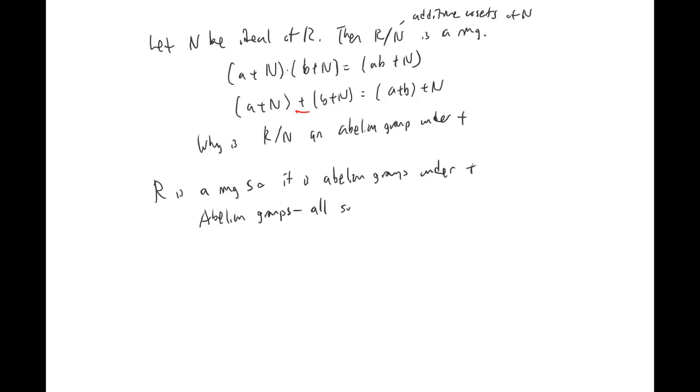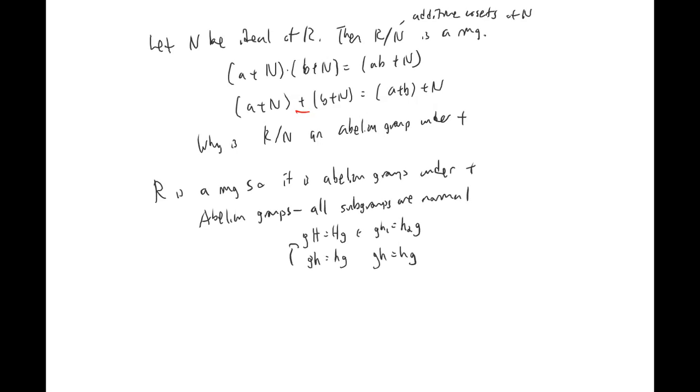All subgroups are normal, right? Remember, if G is a group and H is a subgroup, normal means this. Abelian is stronger because it means this. So if you're abelian, you're always normal. Because this just says gH is Hg. You could swap the H and G, but the H might change. Here it just means you can always swap.